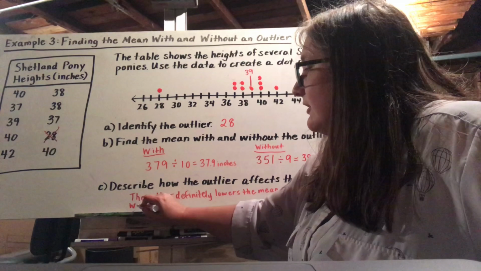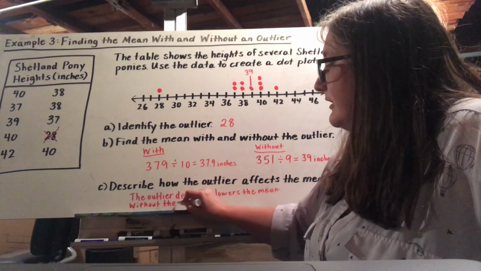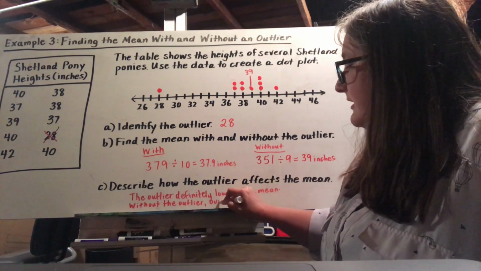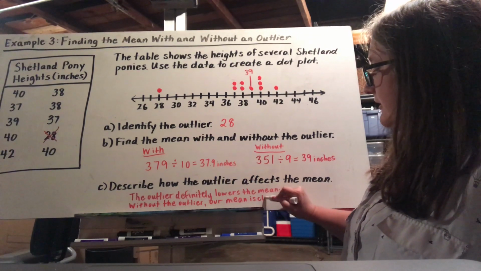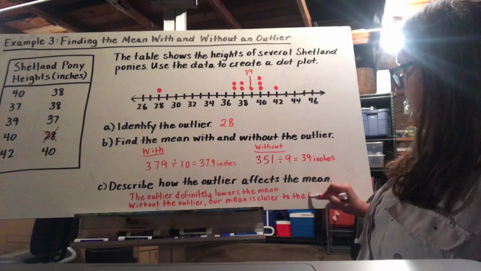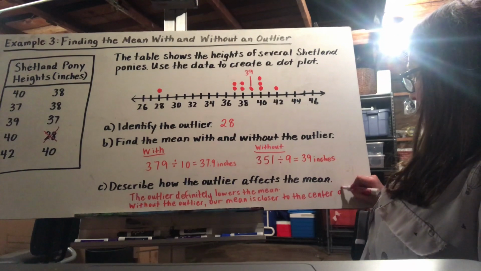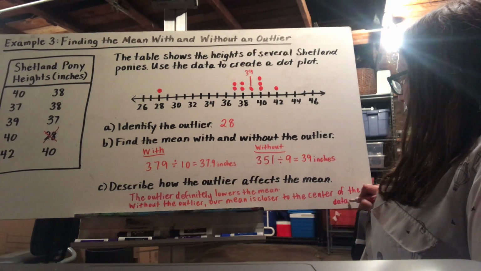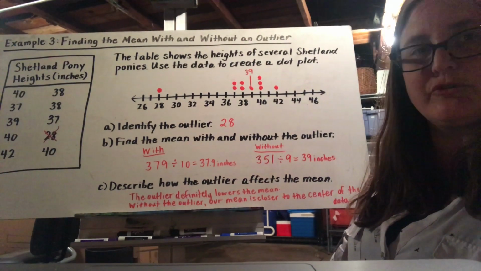Without the outlier, our mean is closer to the center of the data. And the whole point of the mean is to kind of get one number to represent the data, but we want it to be kind of a central number.